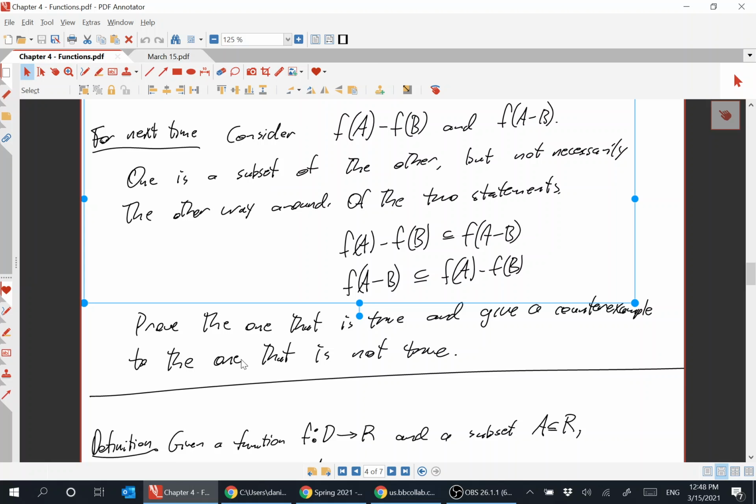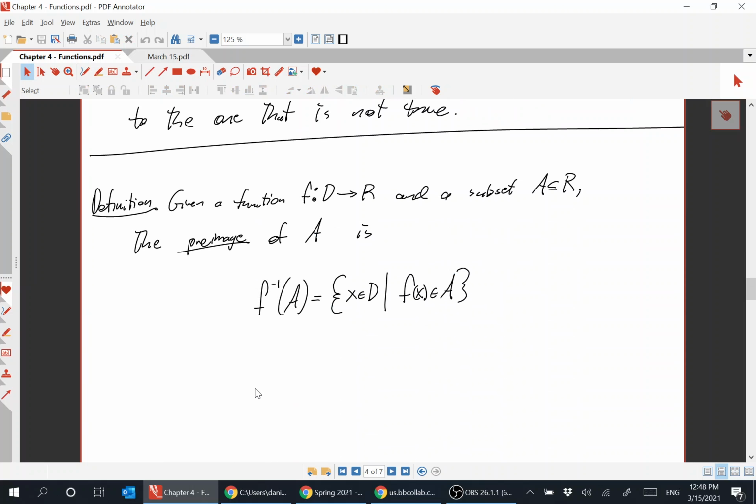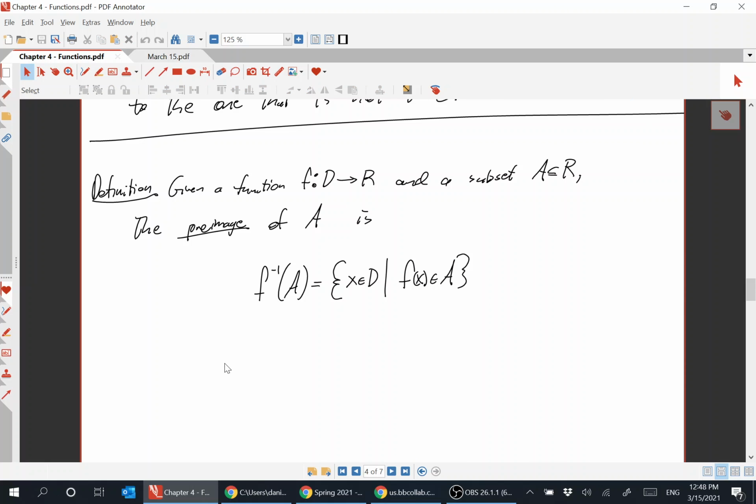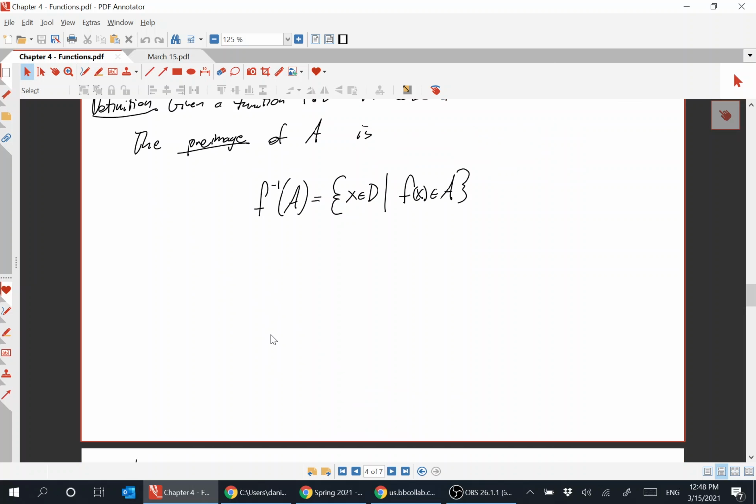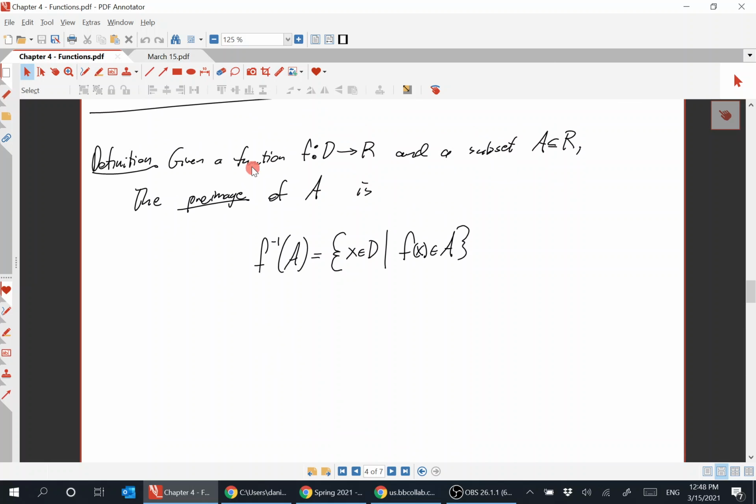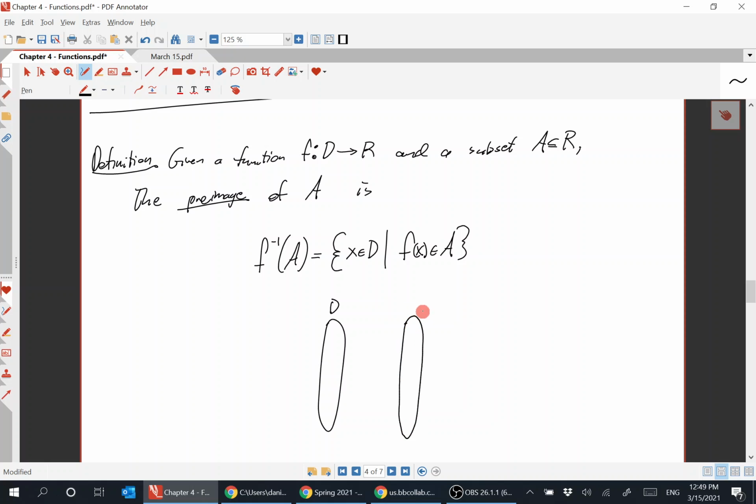So that was discussing images again, and then we went on to pre-image. Given a function f from domain to range, here's domain and here's range, and a subset A of the range, not in the domain, a subset A of the range.